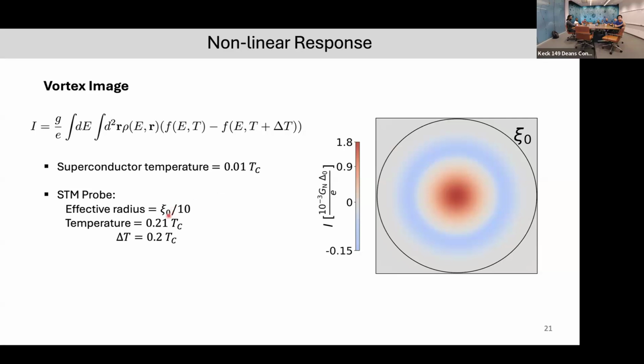It's like 10 times smaller, and it has a much higher temperature with respect to it as well. And so doing so gives you a sort of an image of the vortex, where for the vortex core the particle-like solutions dominate. You get positive current values. But also in some region around the vortex, you also have the hole-like contribution that dominates, and it will give you the negative current values.